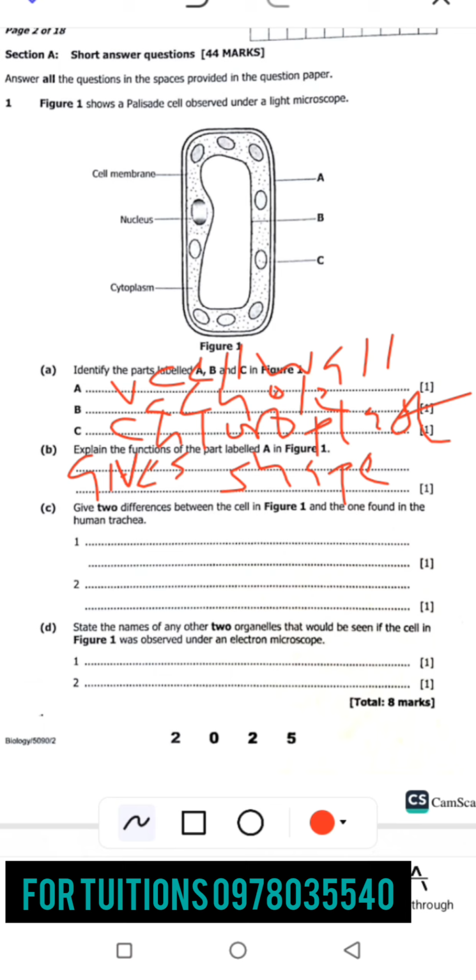Of course, we can see that in the human trachea you can't find chloroplast. Okay, the first difference is chloroplast. And the second difference is that the human trachea has got no cell wall. So no cell wall. These are the differences, but there are more.